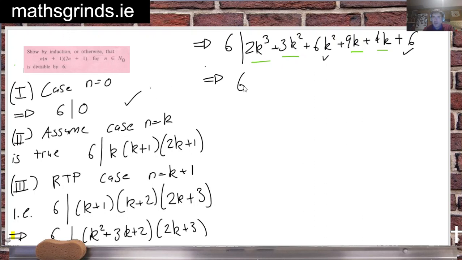So I need to show that 6 is a factor of 6 k squared plus 1. I just took the 6 out from those two. And then the other 4 pieces all have a k in it, so let's take the k out there. And that leaves me with 2k squared plus 3k, 9k, and 4k is 13k, so that's plus 13.